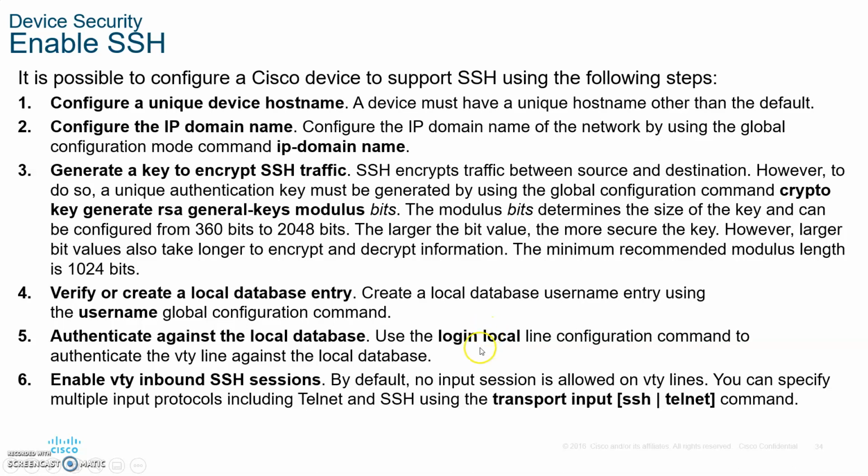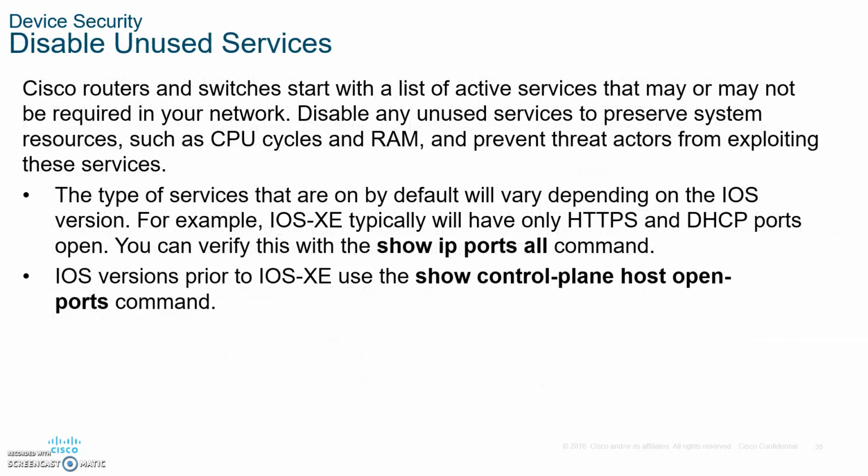That means when you are prompted for a username and password, they are checked against the router, where the username and password are located locally, and that's where you authenticate the user. You could send the login information to a TACACS or RADIUS server, but we'll do that some other time. So when you type transport input, only SSH, don't put telnet. That means you're only allowed SSH. Telnetting is denied.